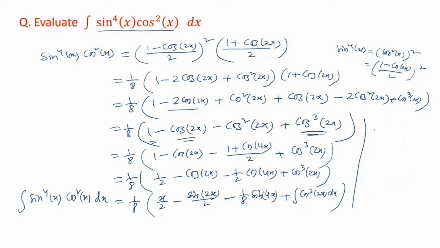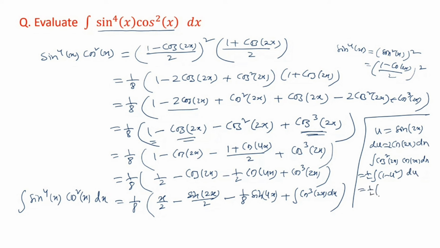To solve this integration, we will substitute u equal to sine 2x. So du is equal to 2 cosine 2x dx. Therefore, I can write the integration of cosine square 2x cosine 2x dx as half the integral of 1 minus u square du.